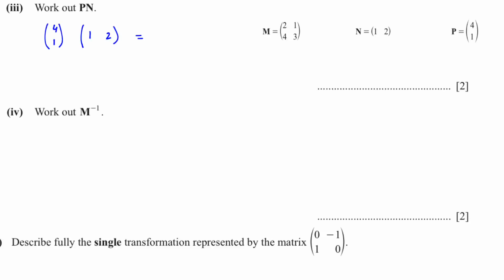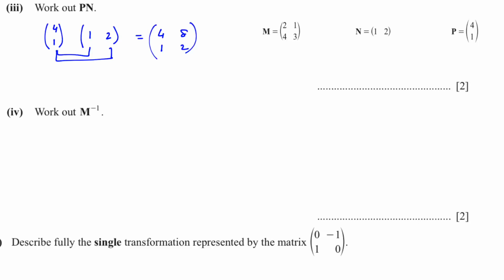And when you are multiplying a 1 by 2 and 2 by 1 matrix, the first thing you will do is multiply 4 with 1, which is 4, and then 4 with 2, which is 8, and then 1 by 1 and 1 by 2. So this is your answer.